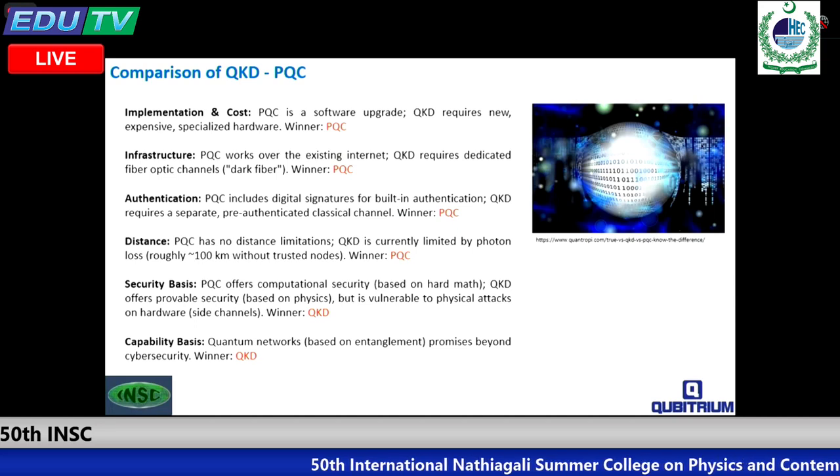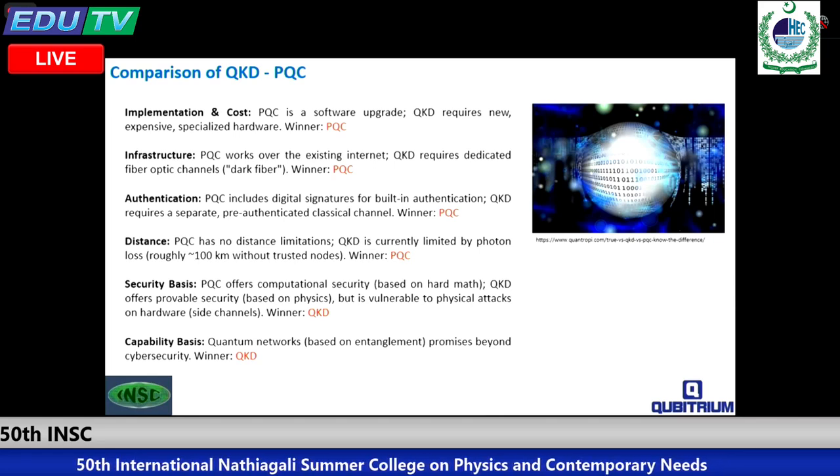Either way, the security comes from quantum physics, either the no-cloning theorem or violation of Bell's inequality. On the other hand, PQC systems are based on mathematical difficulty. It's not even a solid argument. It's just difficult. It's not certain. So in that case, the winner is definitely QKD. It's much more secure.